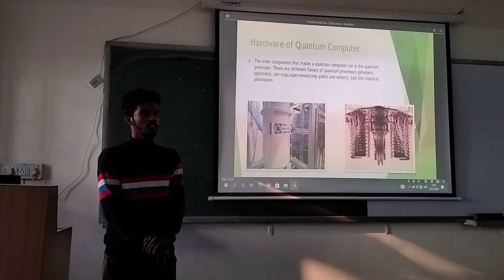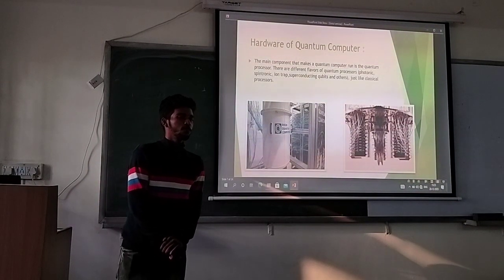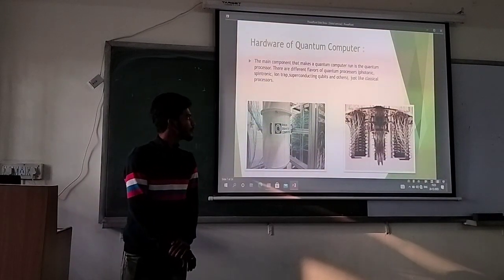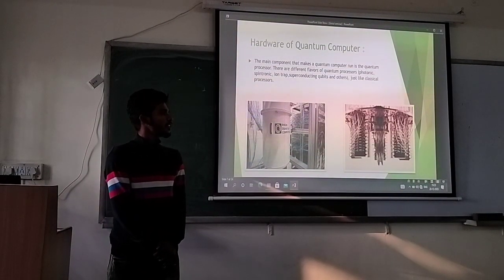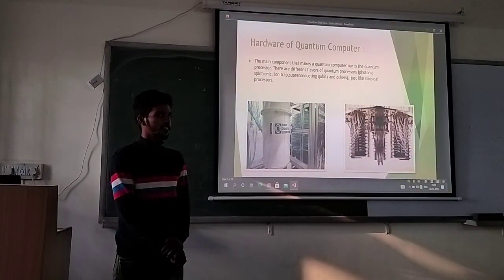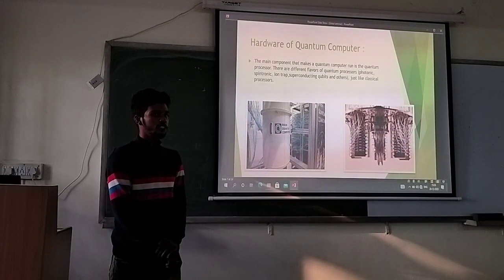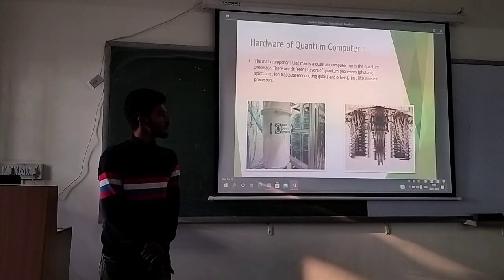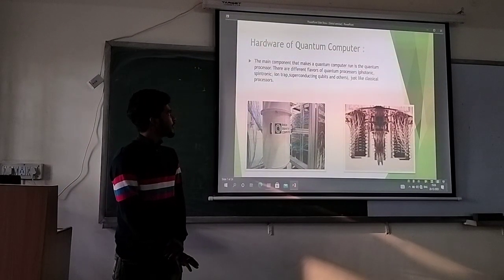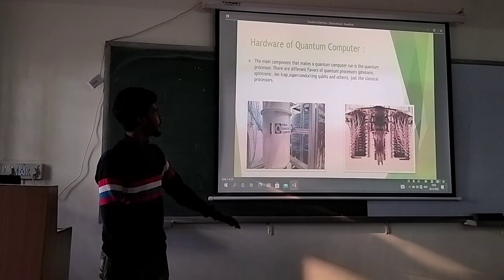Photonic means the light wave which we use, and if the light wave is propagating in the z direction, then it can be polarized in the xy plane. So there will be a tangential polarization, and there will be a normal polarization. So we get a two-level system. Then we can make it into a quantum circuit. So this is what happens in photonics.